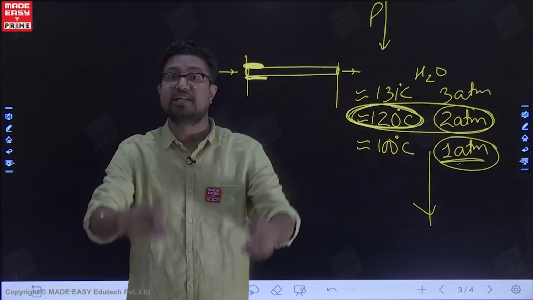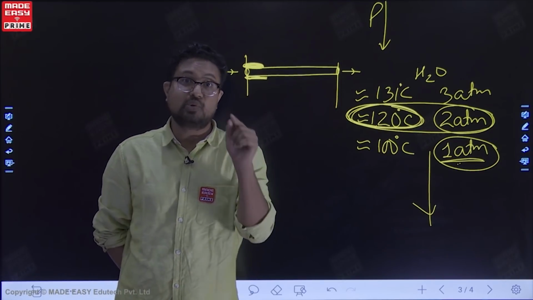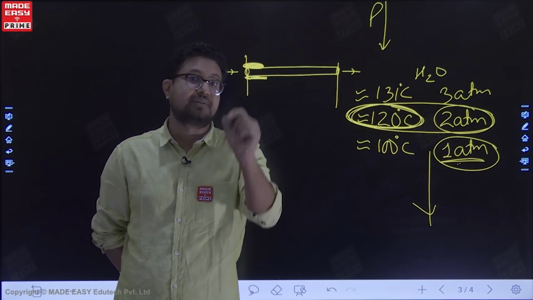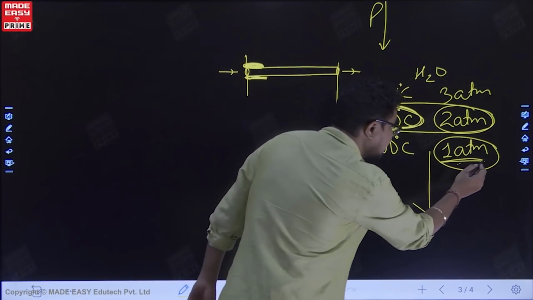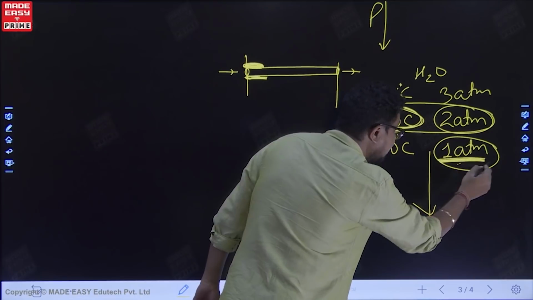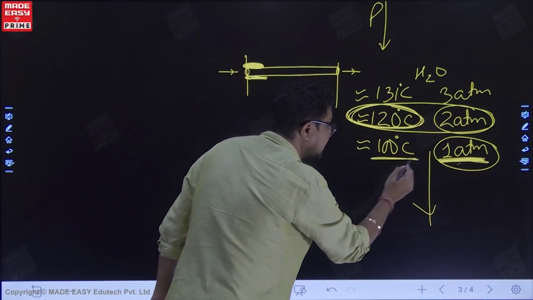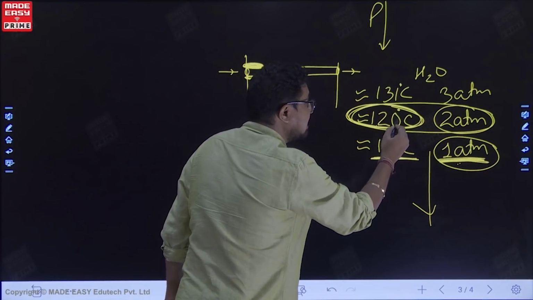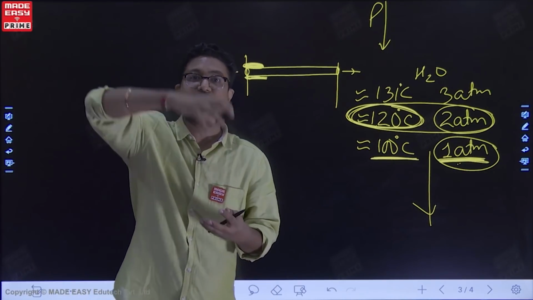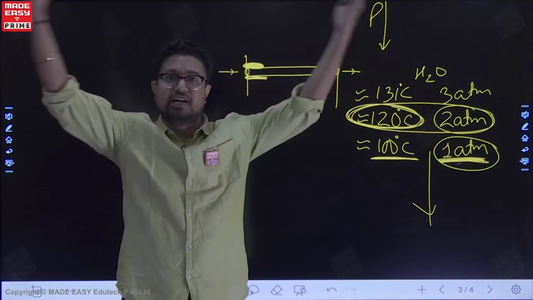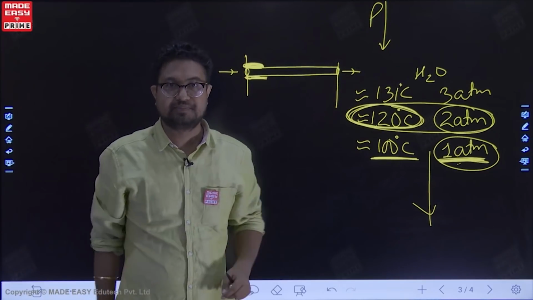Suddenly the liquid will try to reach the equilibrium condition. Liquid at 1 atmosphere can be at a maximum of 100 degrees Celsius. So liquid will suddenly flash, turn into vapor.